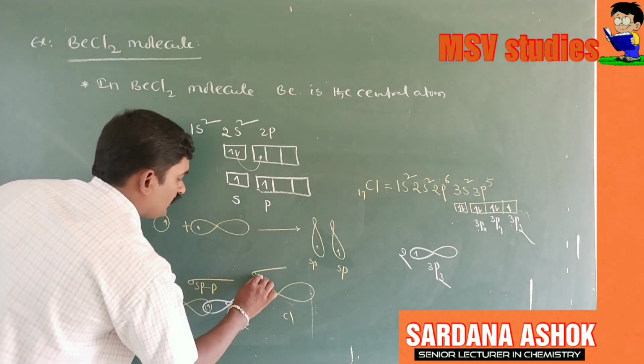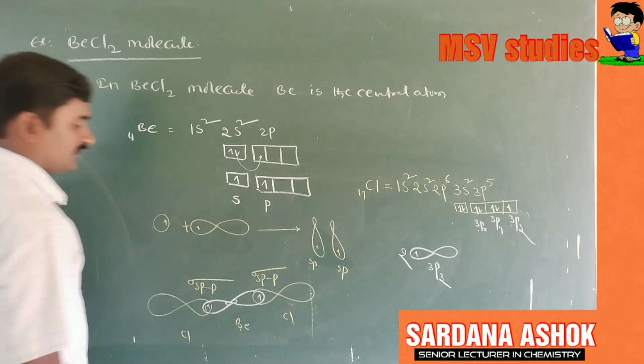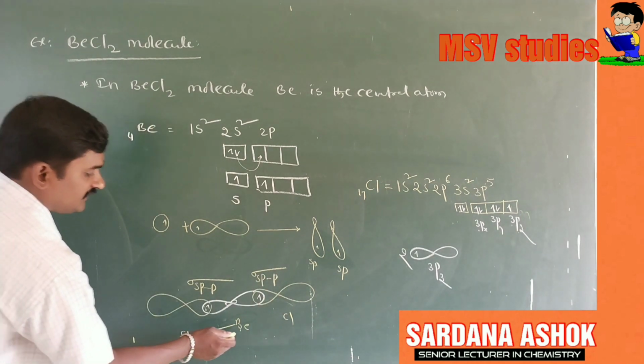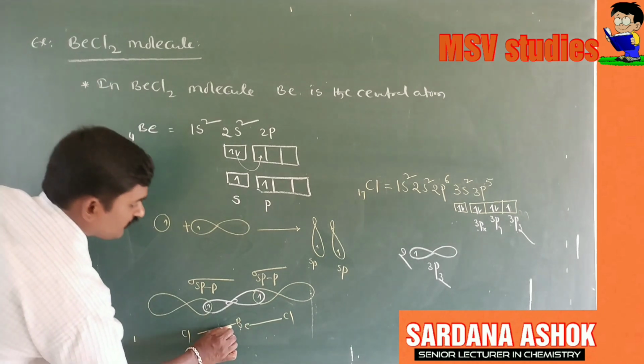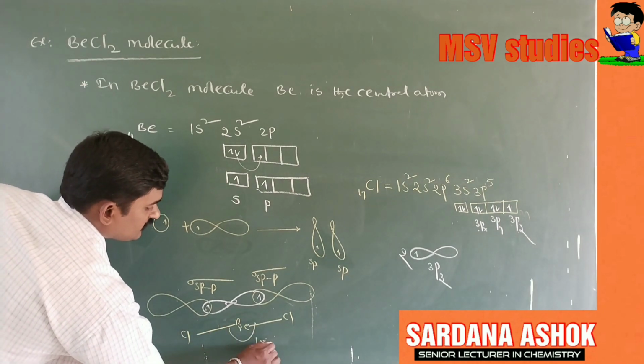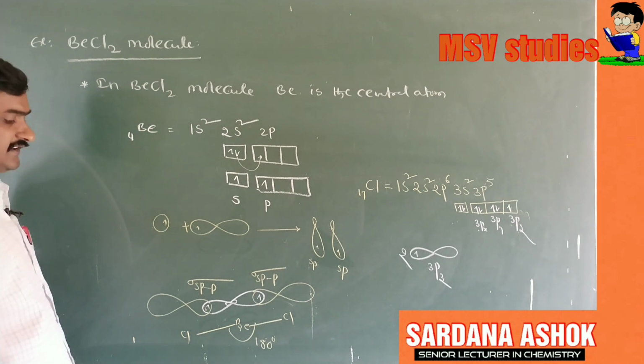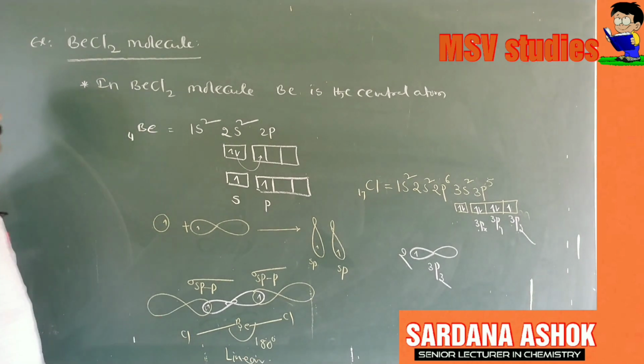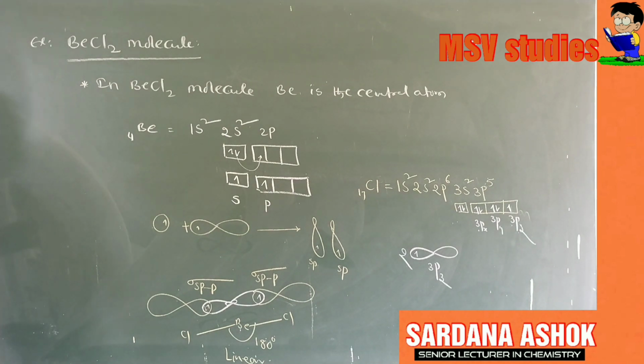This is also a sigma sp-p bond. This results in the formation of two Be-Cl bonds. The angle between these two bonds is 180 degrees. The shape of the molecule is linear. So this is the example for sp hybridization.